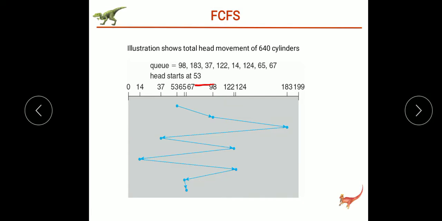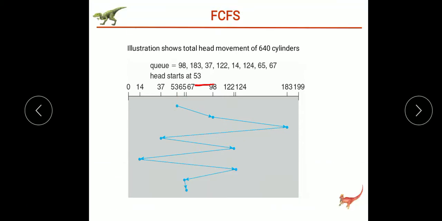You can see there is a zigzag movement in the read-write head. It takes a larger number of head movements to reach from one cylinder to another, so the performance will decrease.